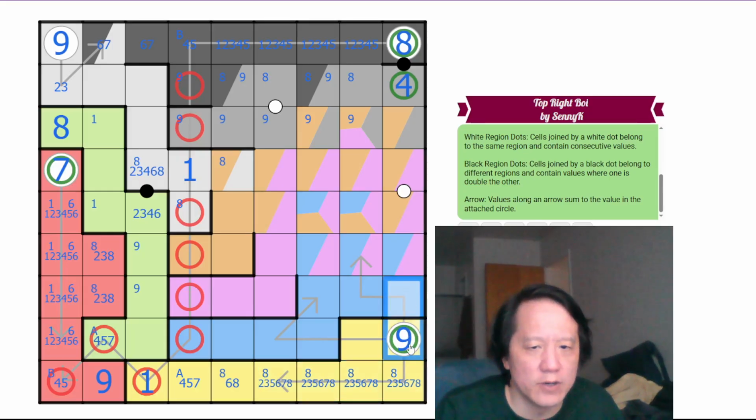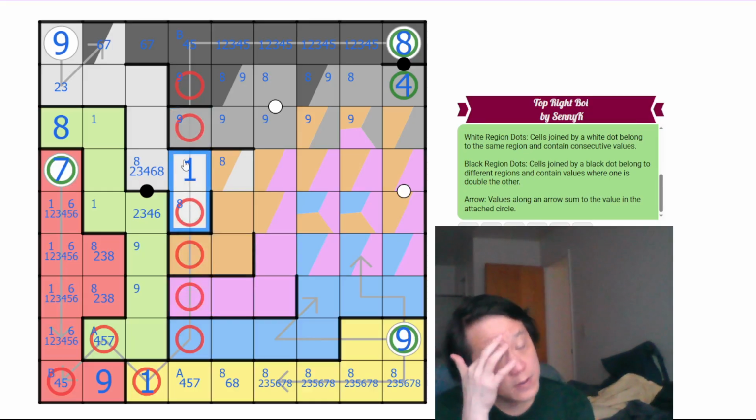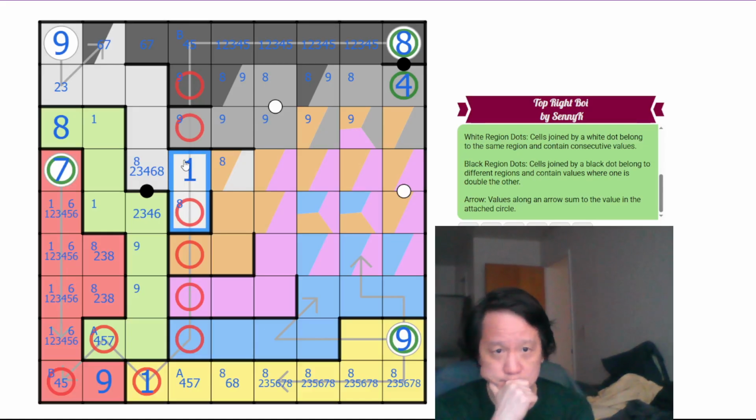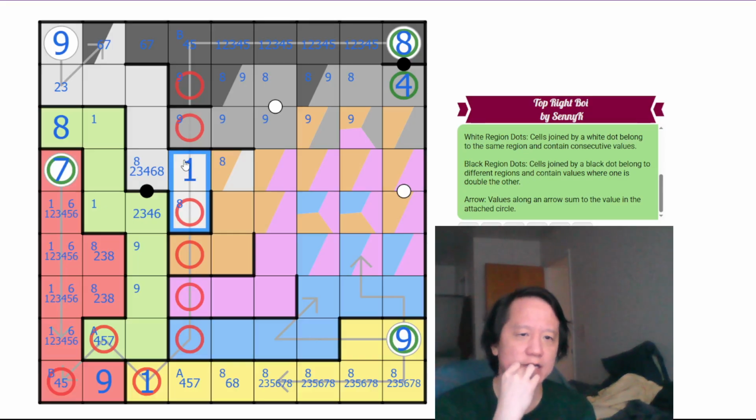So it cannot go up here for this region, so it must go that way. So then this has to go that way. This has to go that way. This has to go that way. This can only go up. So I think all that logic checks out.